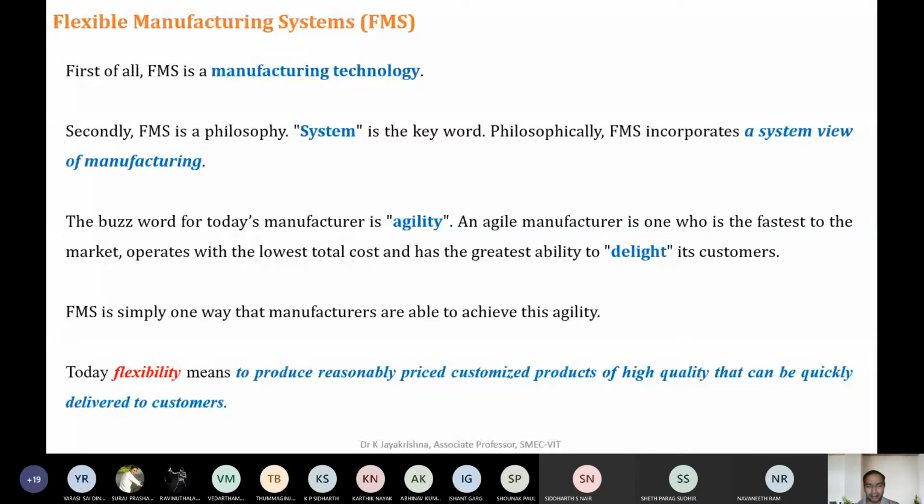This is a manufacturing technology concept where, in the flexible manufacturing system, the word system is a keyword, where the philosophy of flexibility is built over the system. That's what we call FMS: it incorporates a systematic view of manufacturing.